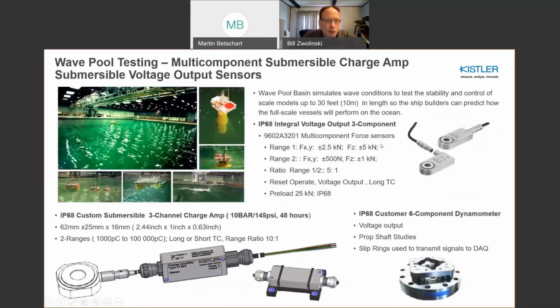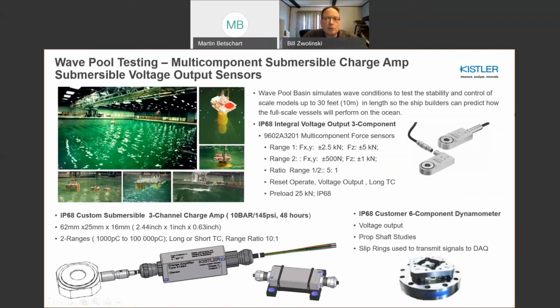Now here's a case I talked about where the whole vehicle is submerged, and you have a watertight compartment and you need sensors that operate in a voltage mode. Well, what's really important for hydrodynamics is to measure these quasi-static loads and moments, and for that you need a force sensor that has this long time constant setting.